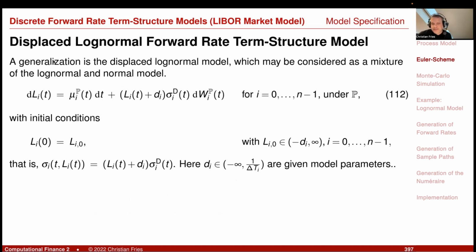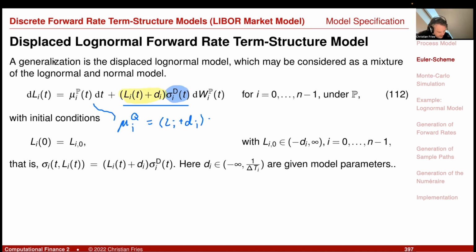For our displaced model, you can now show that it's actually exactly the same argument. In the diffusion part, in the factor loading, I have an Li plus d in front. That means if you move to the equivalent martingale measure, there will also be an Li plus di in front.